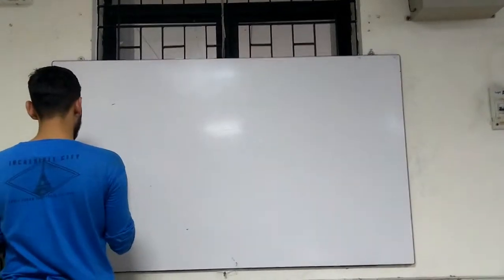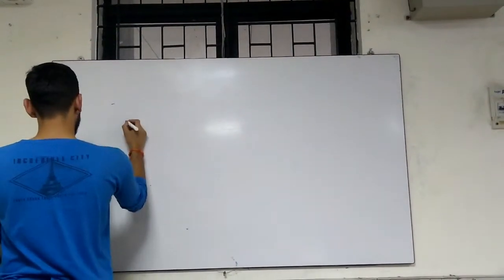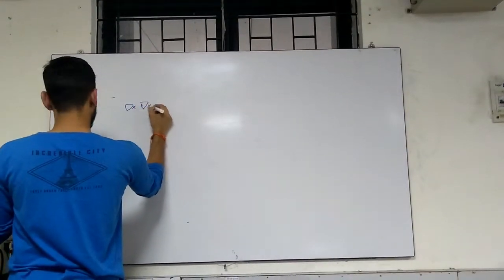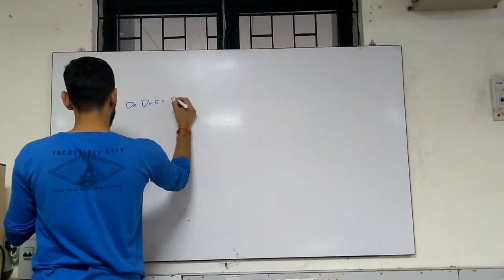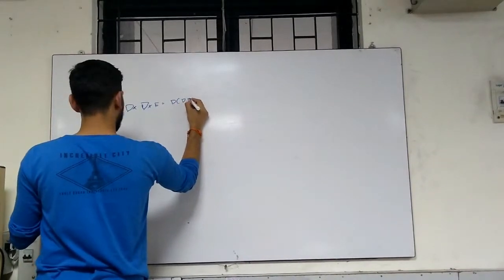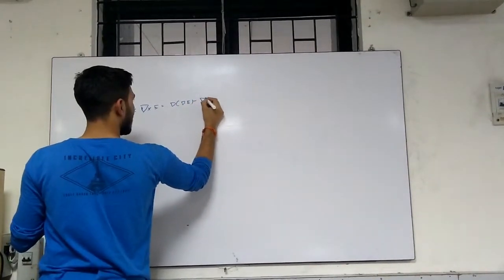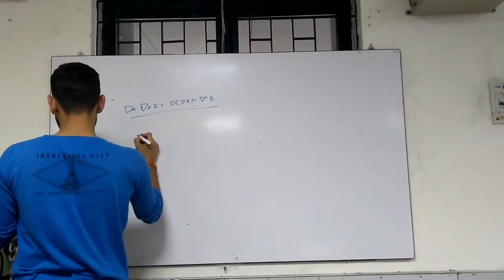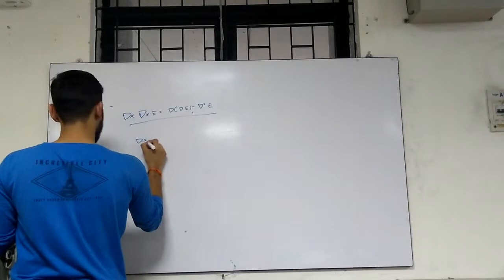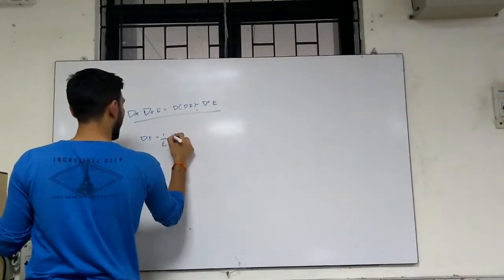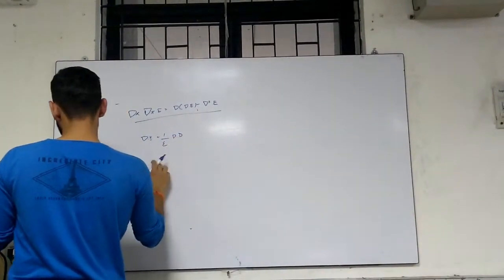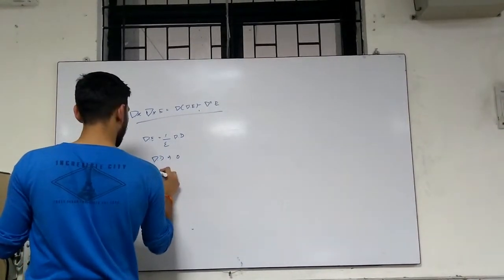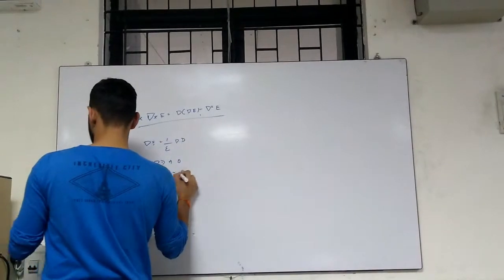On operating it, we know that we'll get del cross del cross E is nothing but del of del dot E minus del square E. Using this form of equation, we write del dot E is equal to 1 by epsilon times del dot D, and del dot D, since the charge is not there, will be 0, and del dot E similarly will be 0.